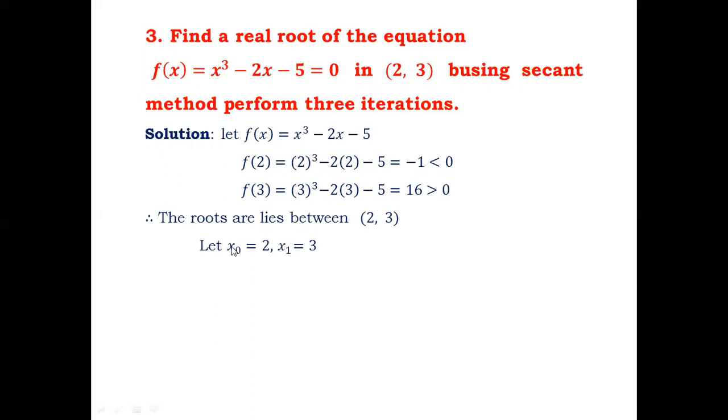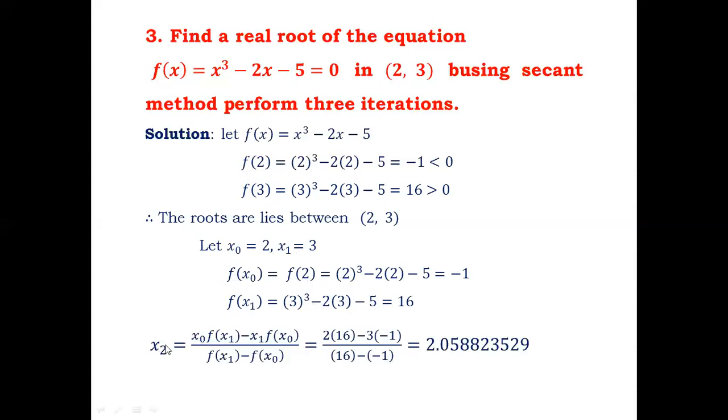Just for confirmation, let x naught be equal to 2 and x1 equal to 3. Then find f of x naught. f of 2 equals 2 cube minus 2 into 2 minus 5, equal to minus 1. Then f of x1 is 3 cube minus 2 into 3 minus 5, which is equal to 16.